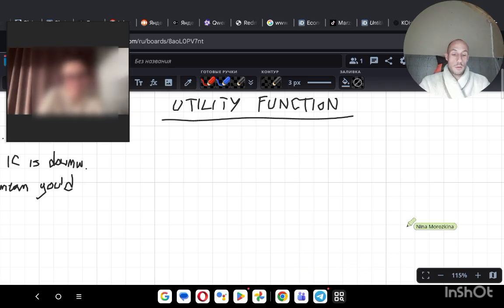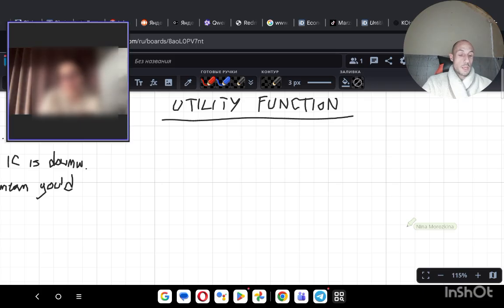One of the most common is Cobb-Douglas, by the name of 2 economists, of the form u equals x1 to the a power times x2 to the b power.